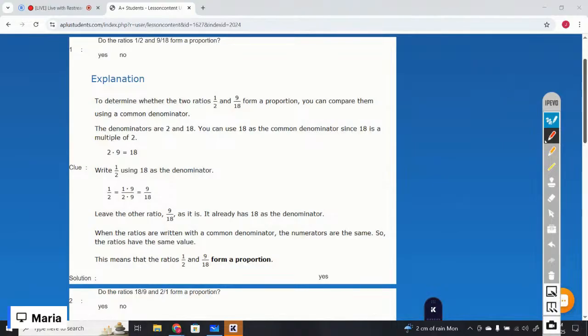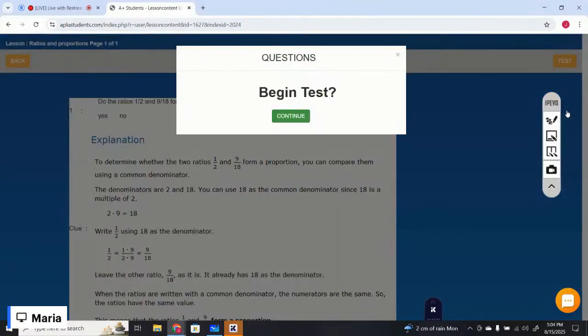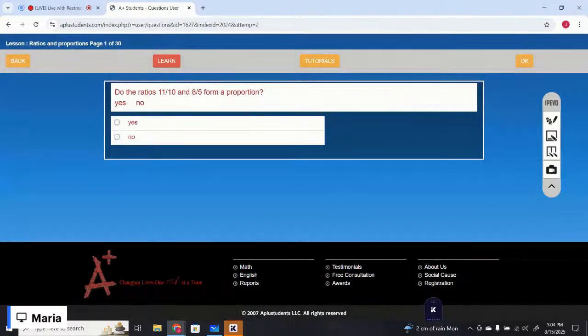Got it? Let's just start with the test questions. Basically, you need to make the denominator the same, right?